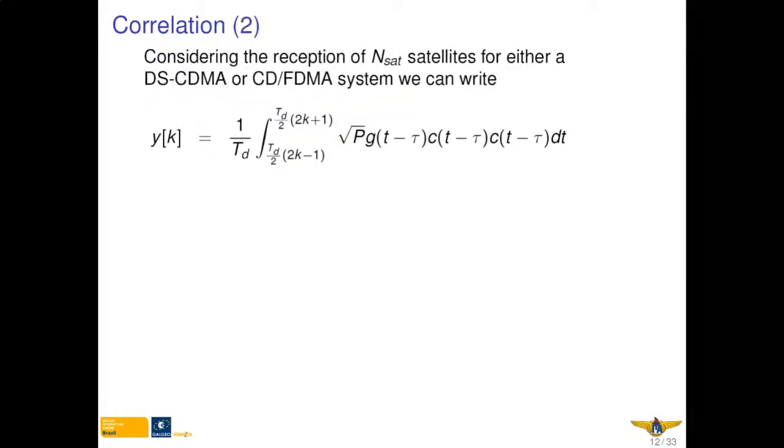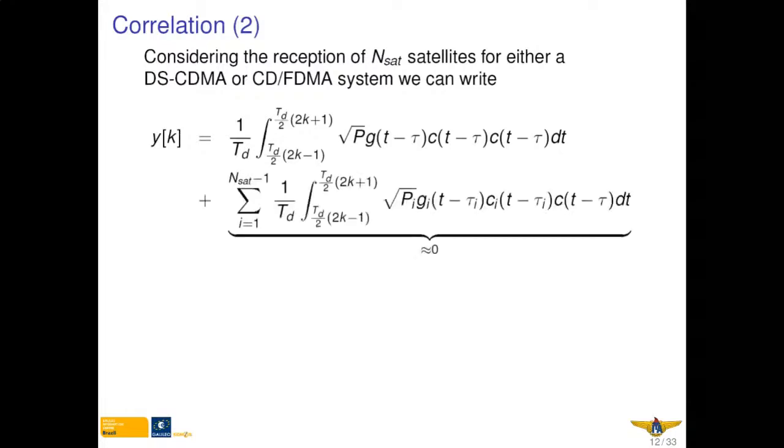So now consider that we not only receive one satellite, but we receive N satellites for either a DS-CDMA or CD-FDMA system. Again, we are correlating with our replica signal for the desired satellite signal, which is here.